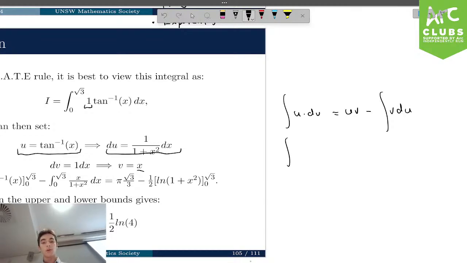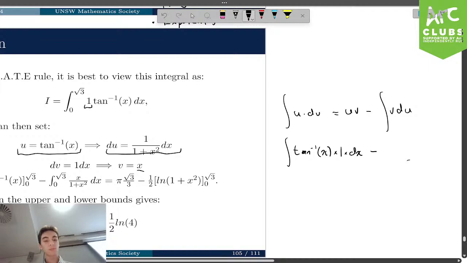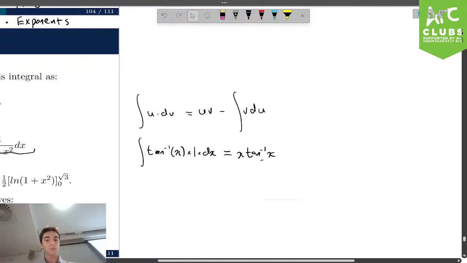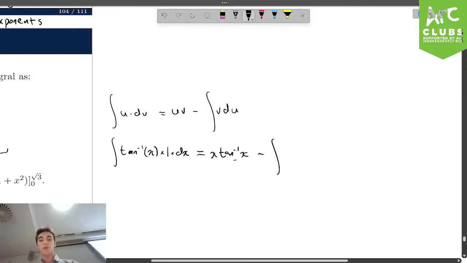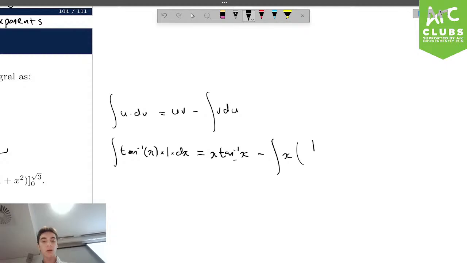So the integral of inverse tan of x times 1 times dx, because we chose dv to be 1, is equal to uv. What's our u? Inverse tan of x. What's our v? x. So x tan inverse of x, minus the integral of, what's our v? x. What's our du? 1 over 1 plus x squared. Okay, that's the derivative of inverse tan of x.